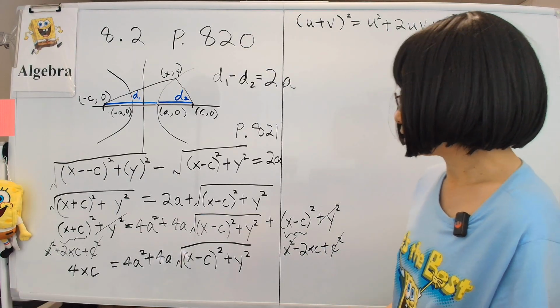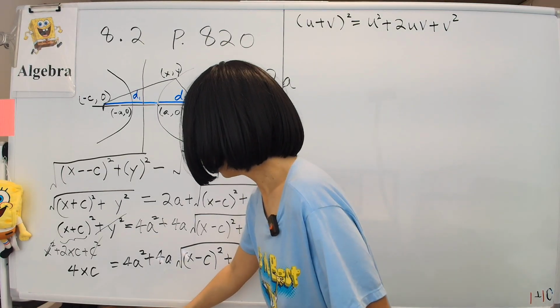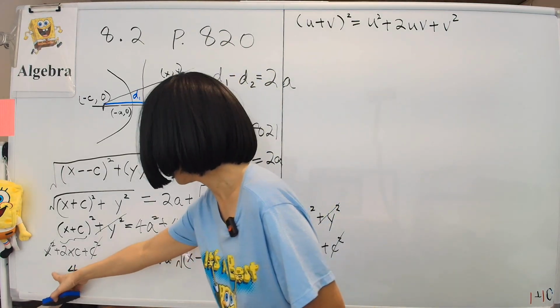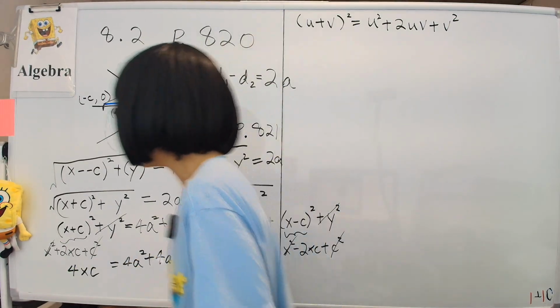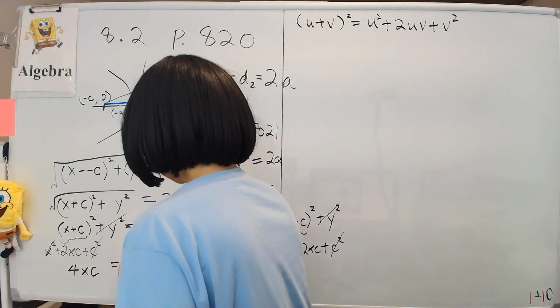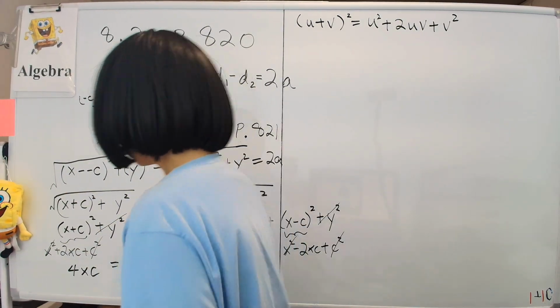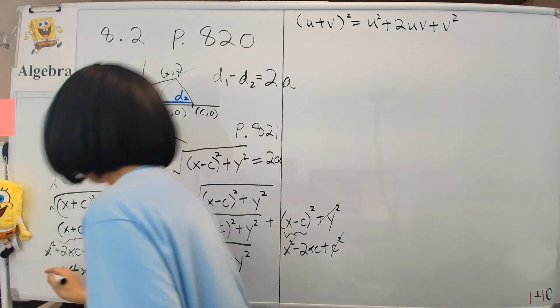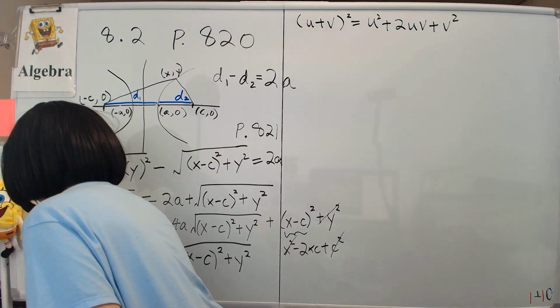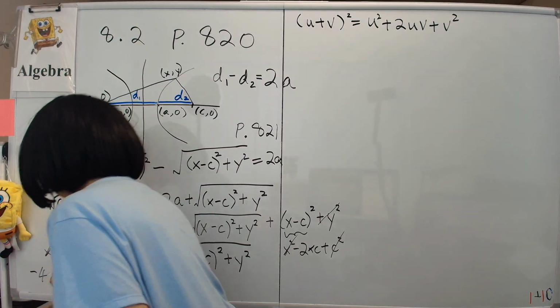All right, and then I also want to move the 4a squared to the other side of the equation. So let's move 4a squared over here. That becomes negative 4a squared.